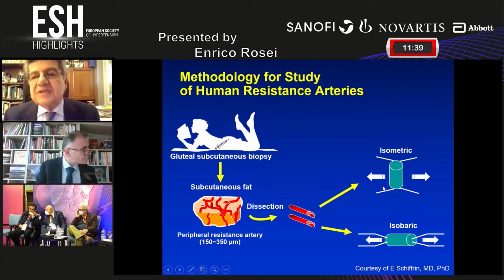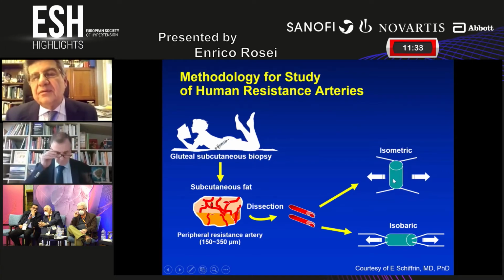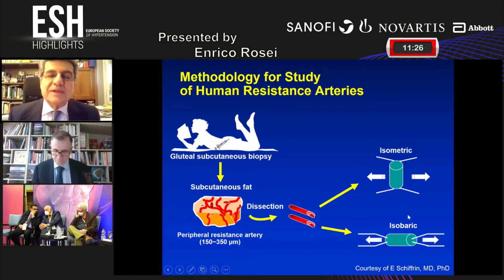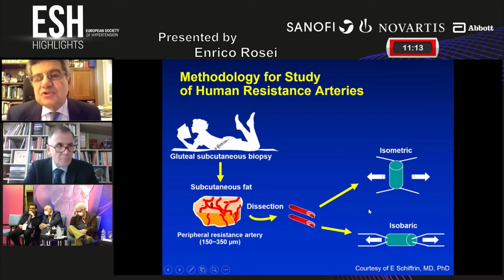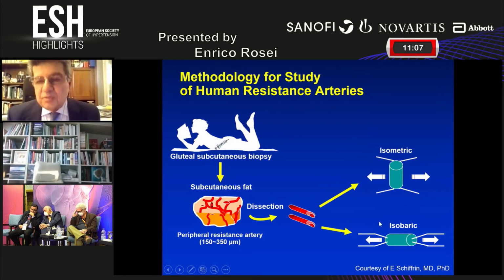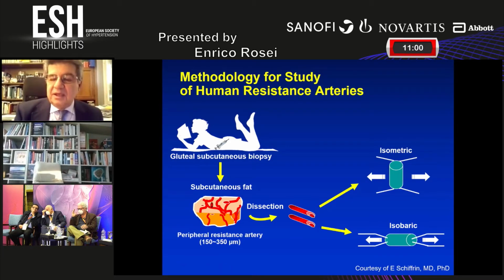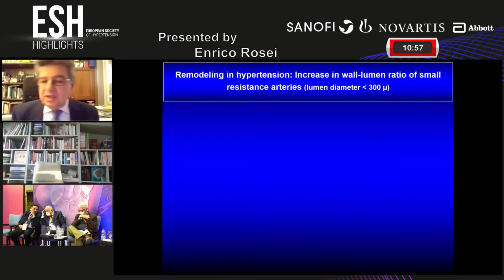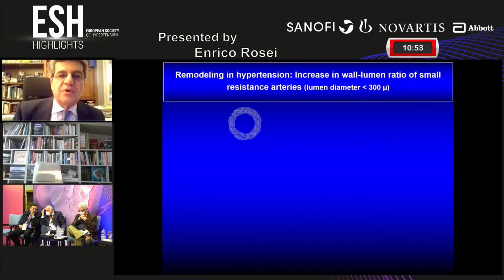With this technique, keeping the small artery under well-settled tension or pressure, in this experiment in vitro but ex vivo, because the small artery can respond to drugs and other maneuvers, it is possible to evaluate several parameters, which are the wall thickness and the lumen diameter.